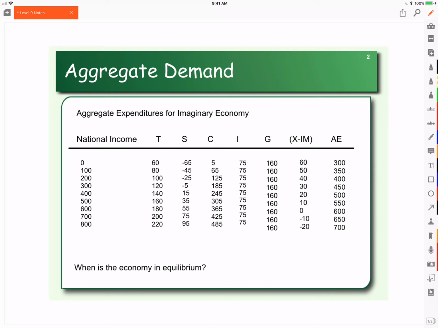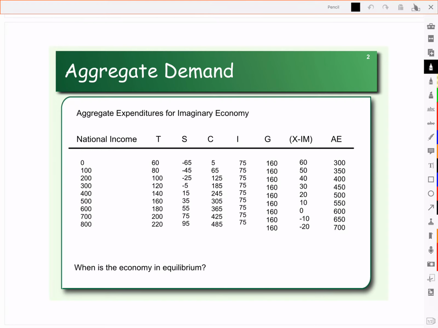But first, let's focus on our national income and our aggregate expenditures. Okay, so when the economy is in equilibrium, when it's not growing or shrinking, our income is equal to our spending. So if you think back to that circular flow diagram, the income we make, we use to buy goods and services.